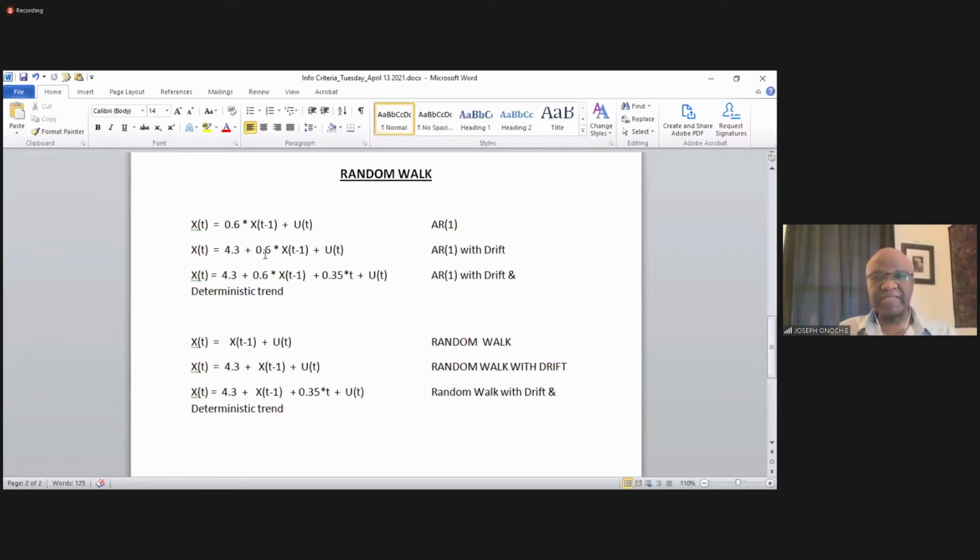So to test whether this is a random walk or not, we say null hypothesis H0, it's random walk, versus alternative, it is stationary. Null hypothesis, the coefficient is equal to 1 exactly. Alternative hypothesis, the absolute value of the coefficient is less than 1. Because if it's less than 1, then it is stationary.